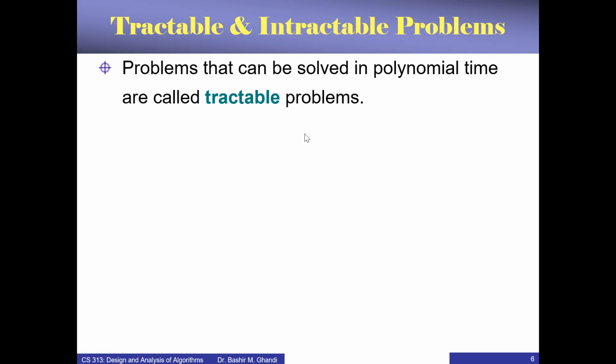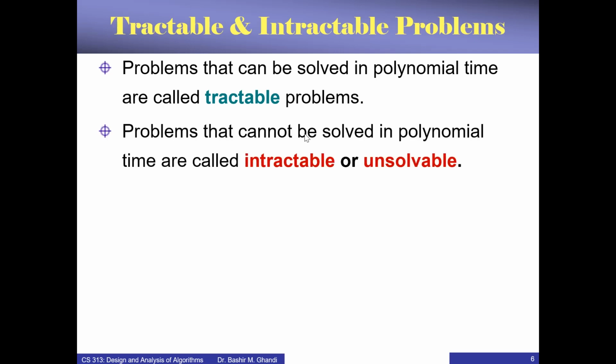Hopefully the k will be small. Okay, if you can do that, then the problem is said to be tractable. Problems that cannot be solved in polynomial time are called intractable problems, or simply unsolvable.